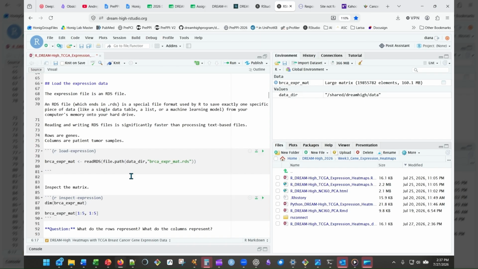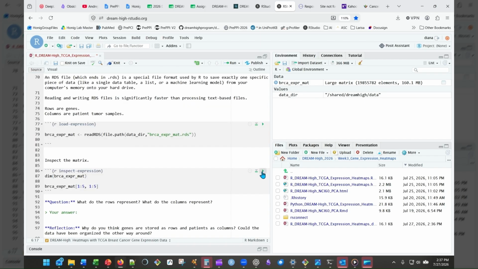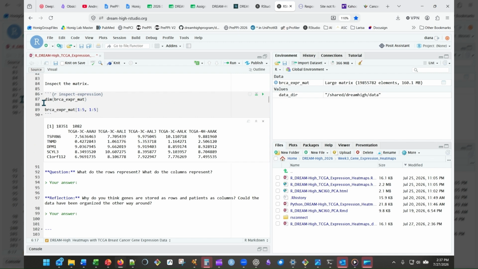It's a pretty big file. And as usual, we should be getting used to these commands, dimensions, and also doing subsetting of a matrix to see what's there. If we look at these values, we see that they're pretty tame. It's likely that these were already log transformed.